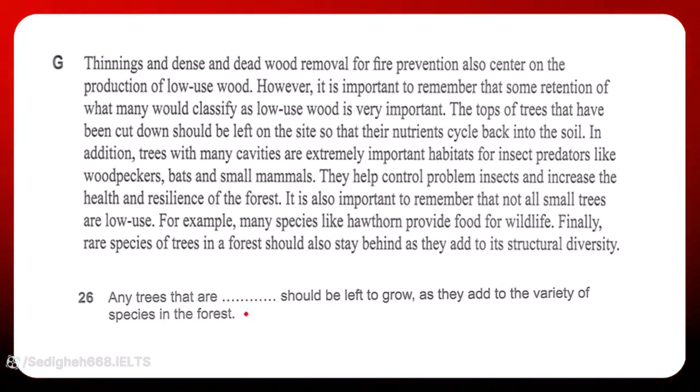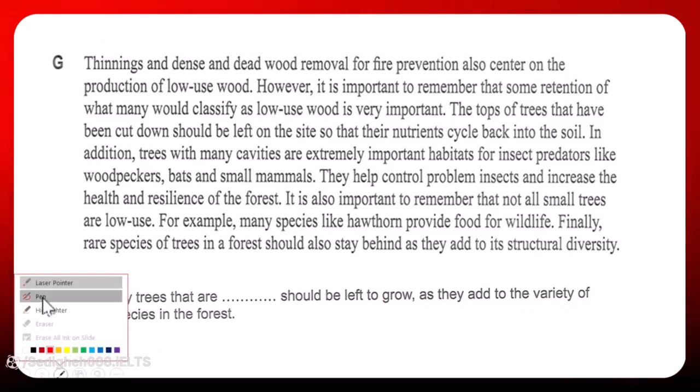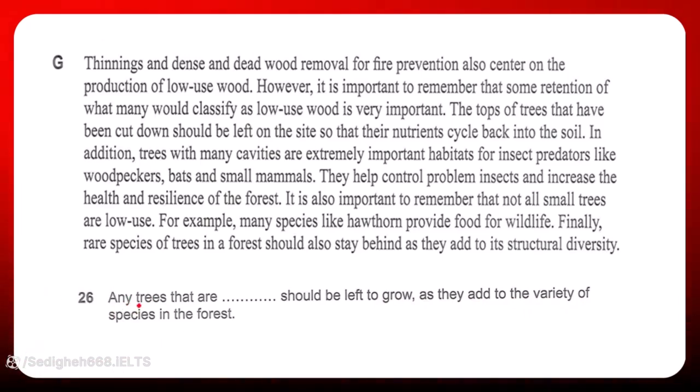And the last question. Any trees that are should be left to grow as they add to the variety of species in the forest. What are the keywords? Any trees that are, we have 'are', so we have to use an adjective here, should be left as they add to the variety of species.